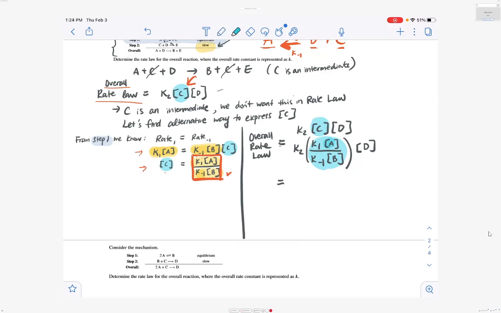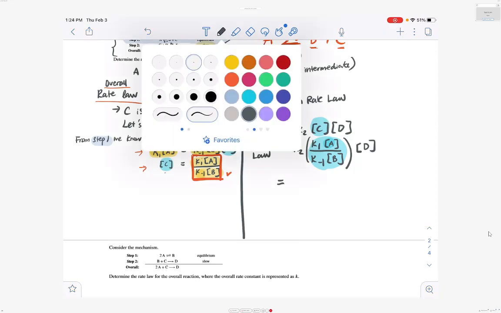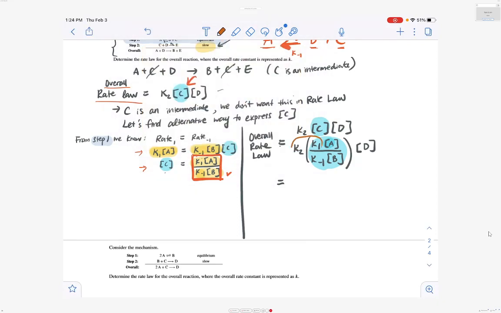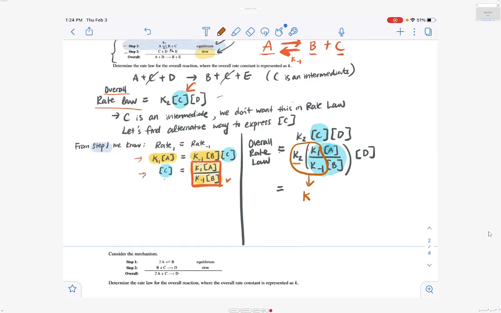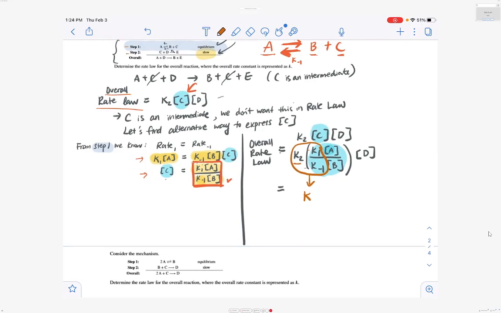Then we can do a little bit of rearrangement. All these K's equal K without any label, because this rate constant is for the overall reaction. K2 is for step 2. K1 is for the reaction in step 1. K negative 1 is the reverse reaction for step 1.